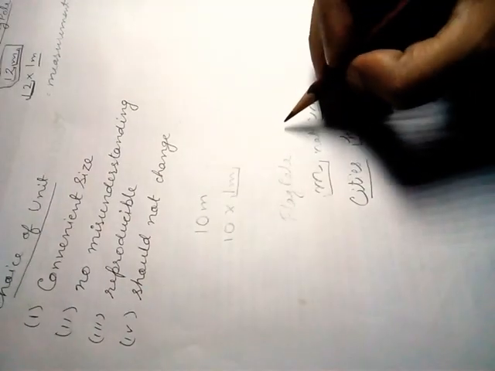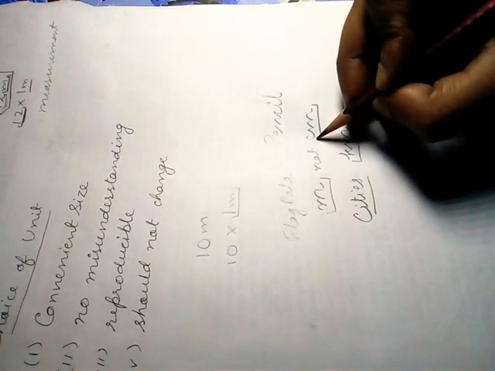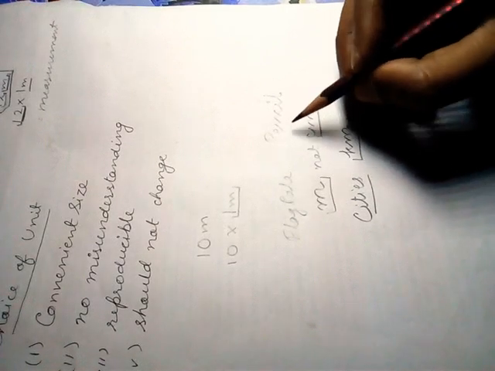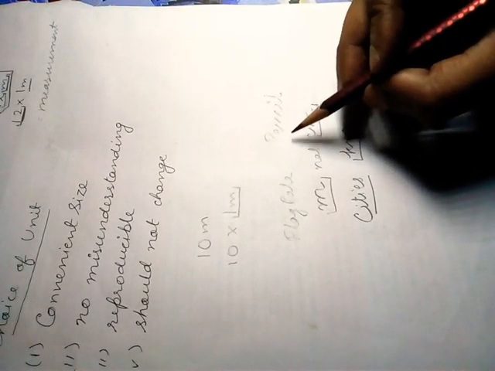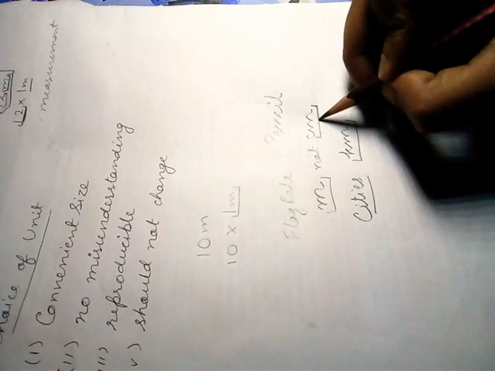But if I tell you to find out the length of a pencil, then what will you do? You will use the unit of centimeter, because a pencil is a very small measurement. So that is why we will use a smaller unit. If the length to be measured is bigger, we will use a bigger unit. Okay.